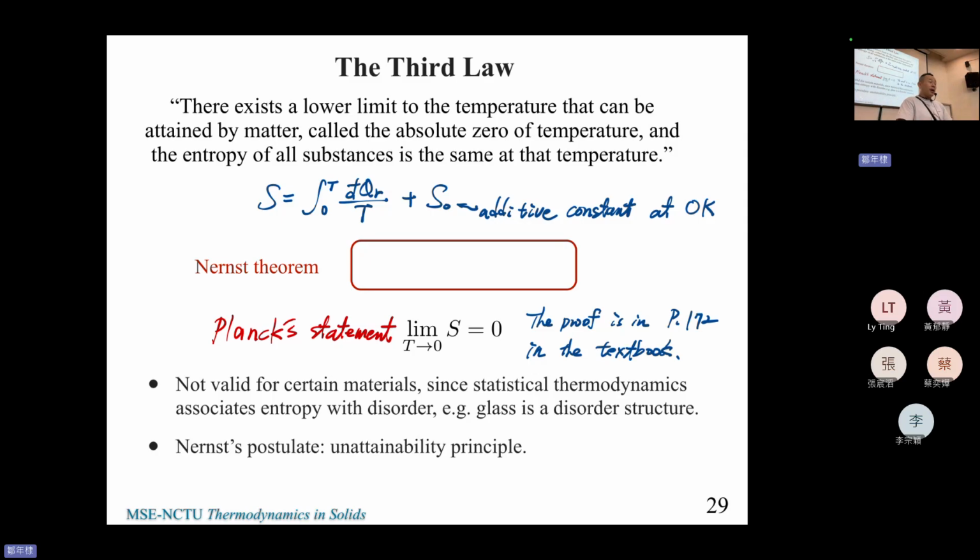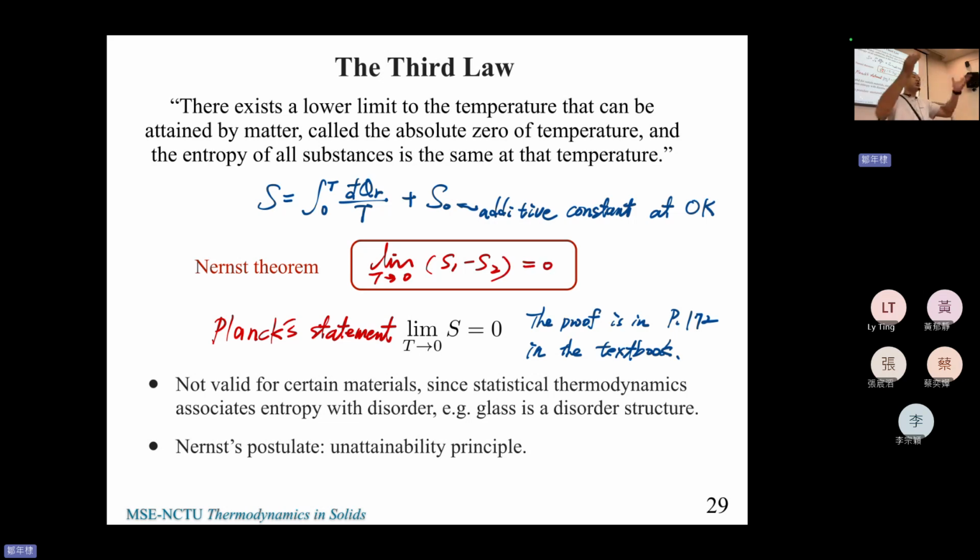What we are going to talk about here is the Nernst theorem. In the limit of T going to 0, S1 minus S2 needs to be 0.